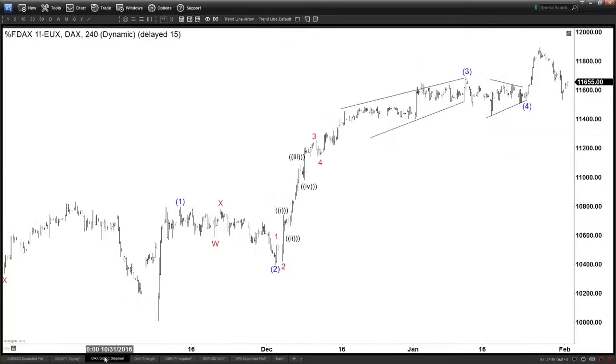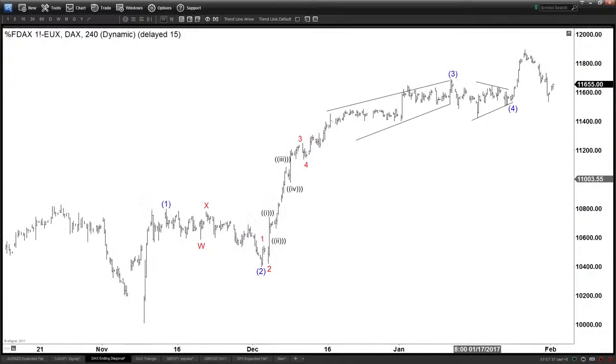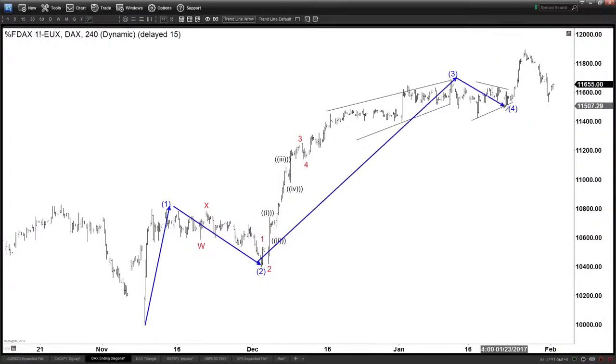Now, speaking about ending diagonal, this is the DAX. Now, this is a typical 1, 2, 3, 4, 5. Very nice. Remember, the different degree is labeled in a different color, right? Remember the Elliott wave degree, right? So this is a 5 waves move from here.